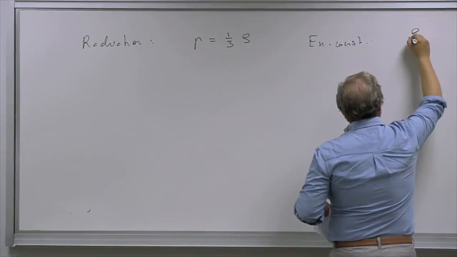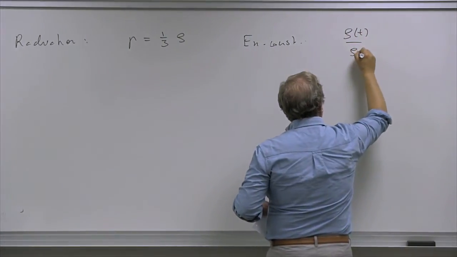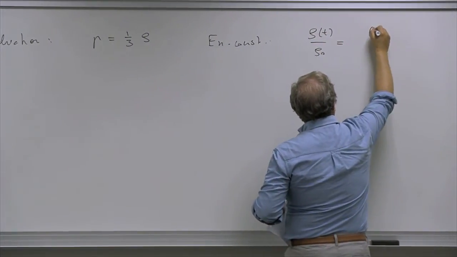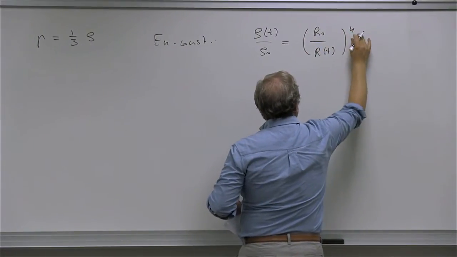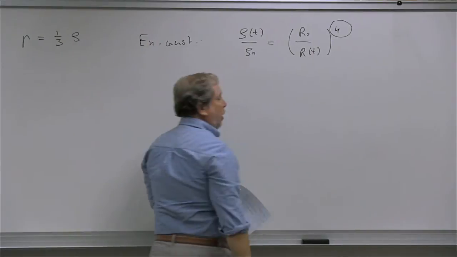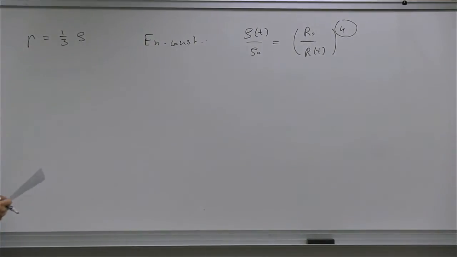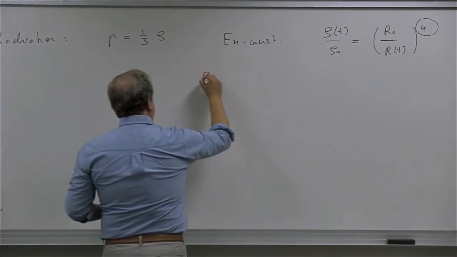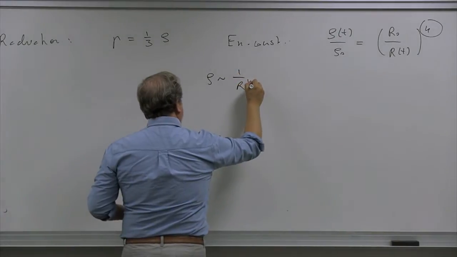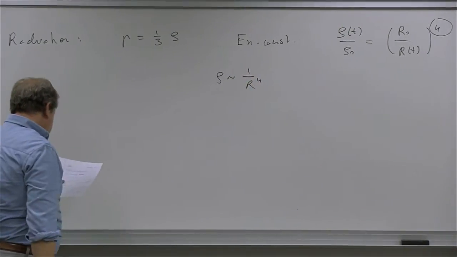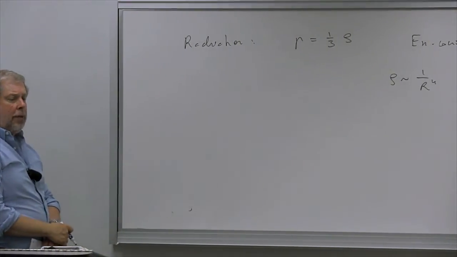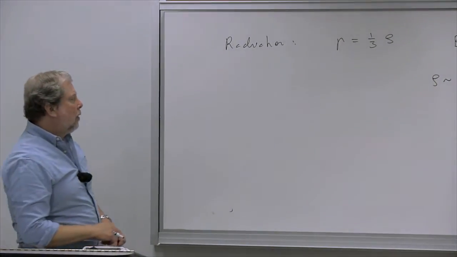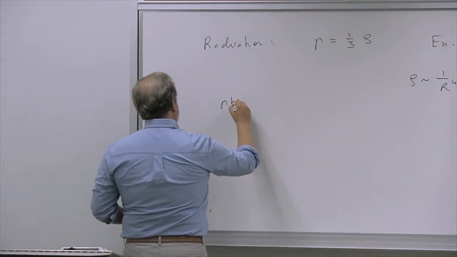From energy conservation, you have that rho of t divided by rho naught is equal to R naught divided by R of t to the 4th power. So for radiation, rho goes like 1 over R to the 4th. Now you can look at how things behave when you have, for example, photons.